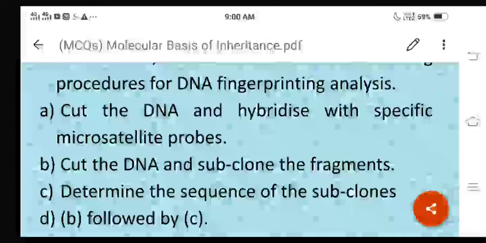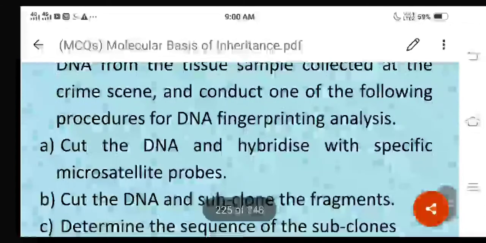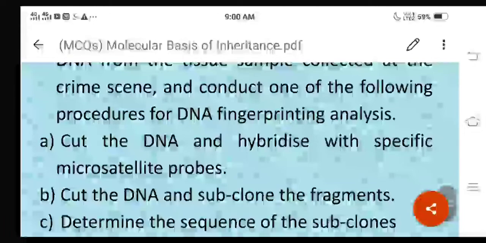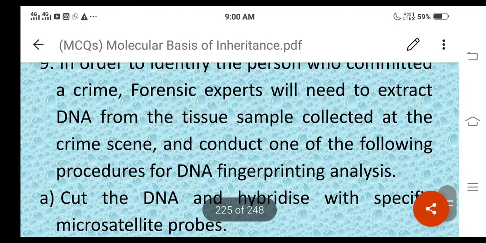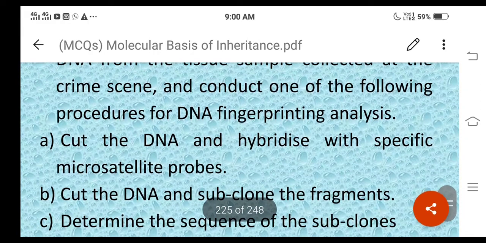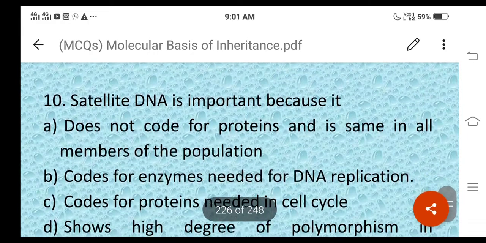The second one is cut the DNA and subclone the fragments. The third one is determine the sequence of the subclones. Option D is B followed by C. According to the question, option A is the correct answer. Cut the DNA and hybridize with specific microsatellite probes. This becomes the correct answer, right? Option A is the correct answer.